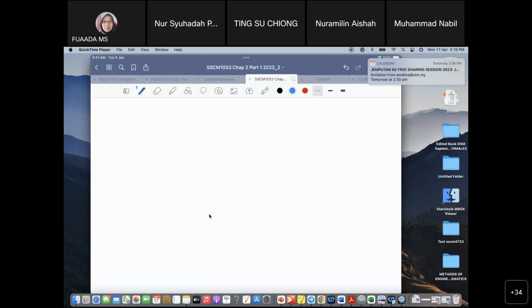Okay, pun tak ada juga. Okay, any volunteer? Siapa nak ataupun you memang tak tahu langsung apa tu implicit? Okay, implicit versus explicit. Explicit tu apa? Implicit tu apa? Nurul Ain, section 3.